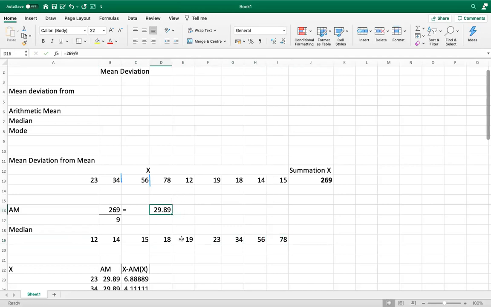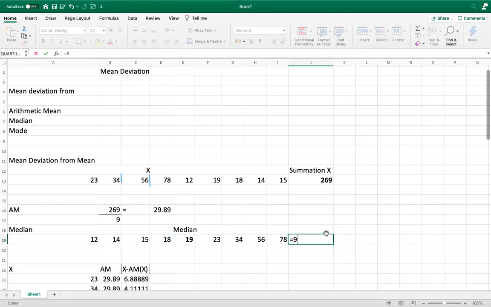So now find out the median, the centermost value. 19 is my median. Correct? Median. Even if I go by the formula, I have 9 observations. Equal to 9 plus 1, the whole divided by 2. 10 by 2.